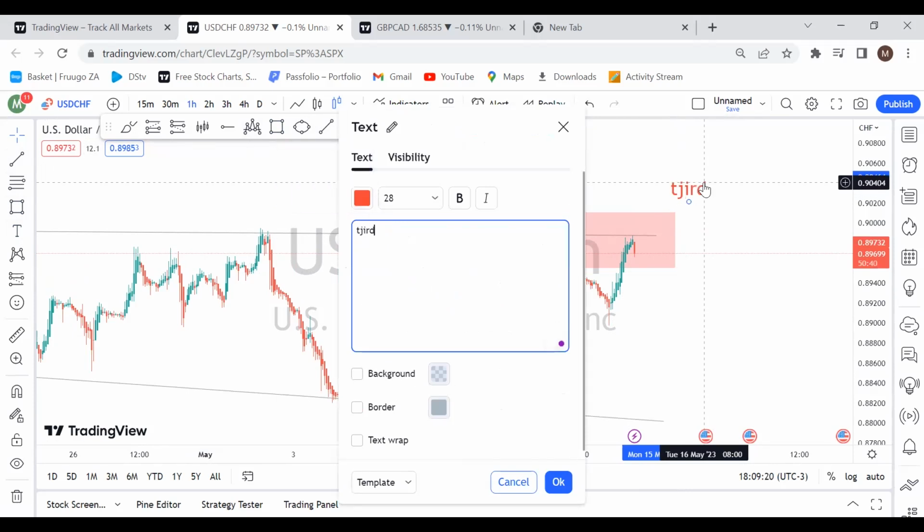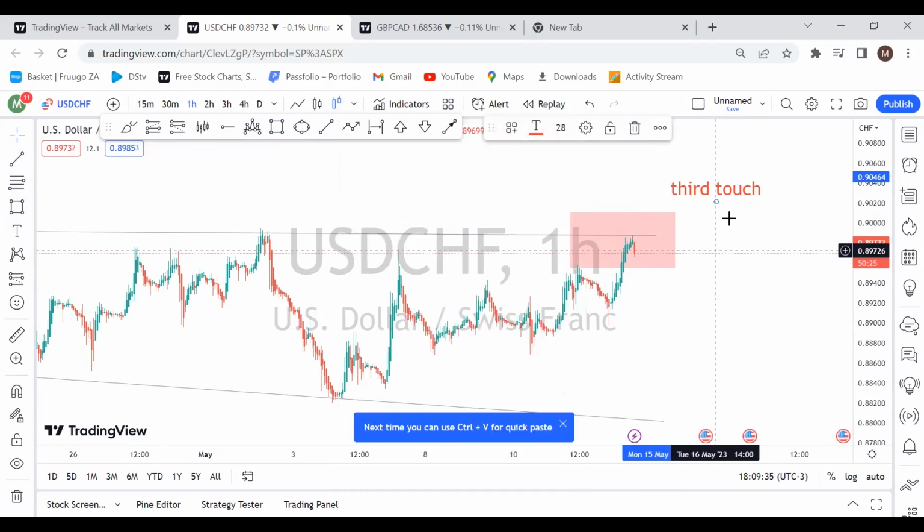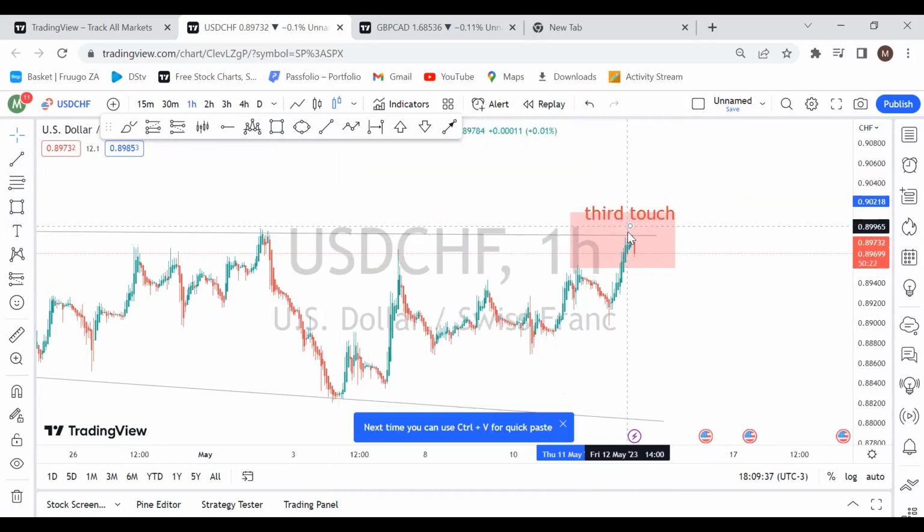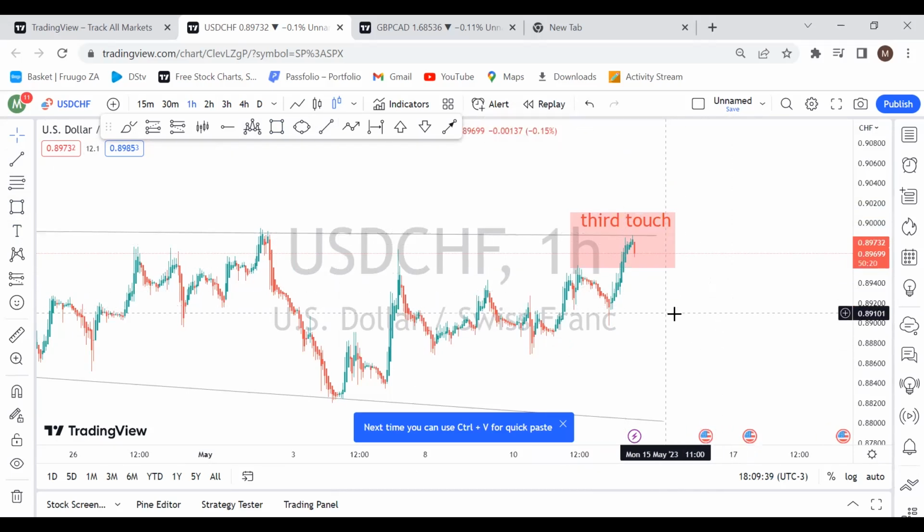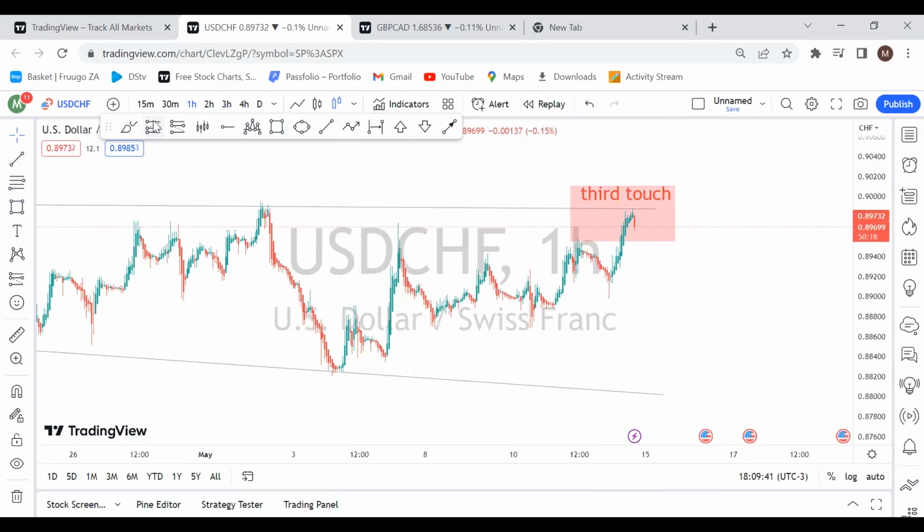Damn, I'm so far away from the keyboard, so I'm trying. Third touch right there, and you can see the price got there correctively, which is a very good sign.